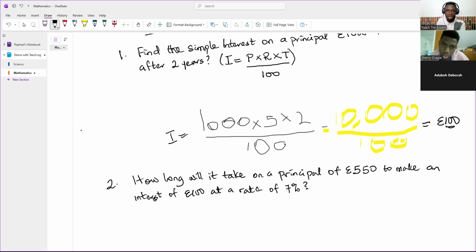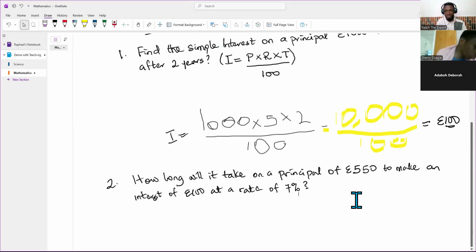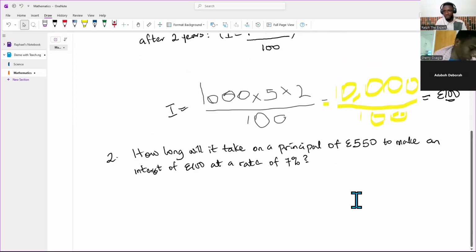Do you have an idea here? Work backwards. The same formula, but then you want to find the time this time around. Any idea?